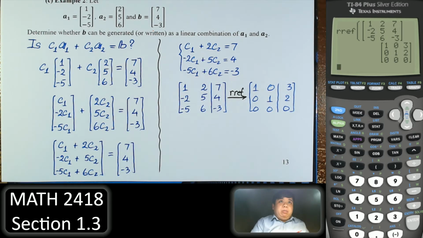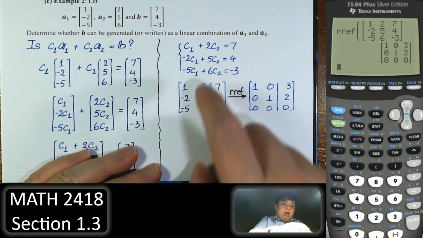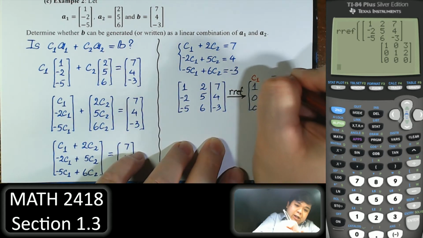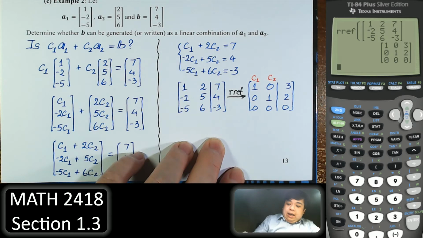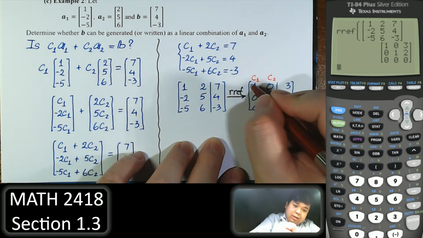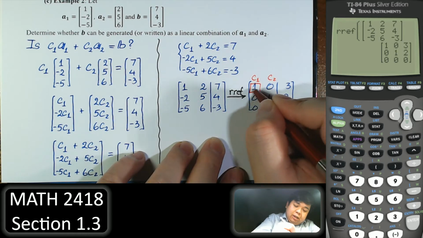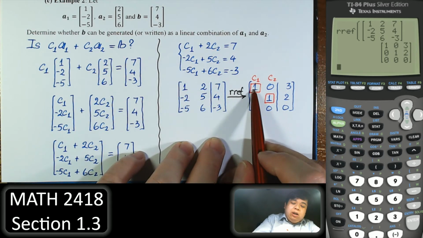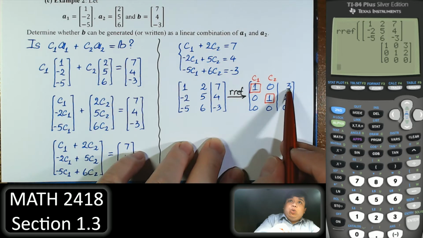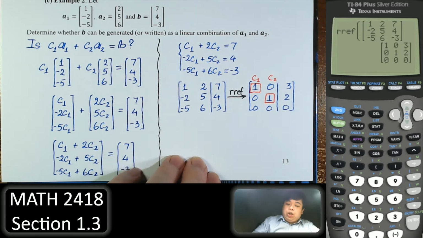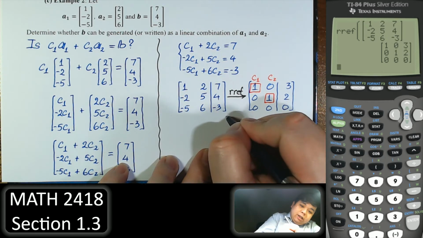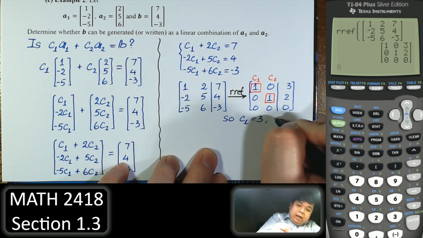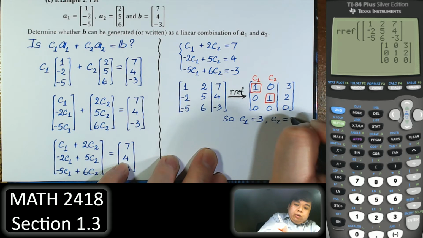Now, for the augmented matrix, we have the column for C1, the column for C2. So this is for C1, and this column is C2, and the pivot is here and here. So this equation, C1 equal to 3. This equation, C2 equal to 2. So we have C1 equal to 3 and C2 equal to 2.